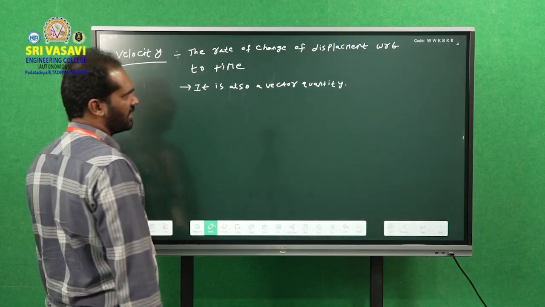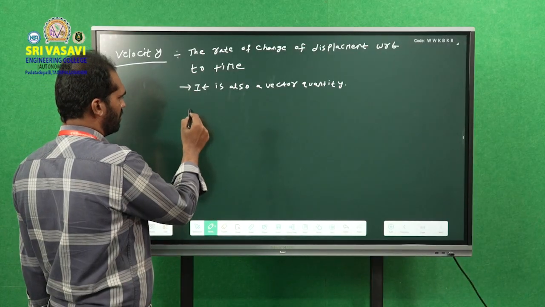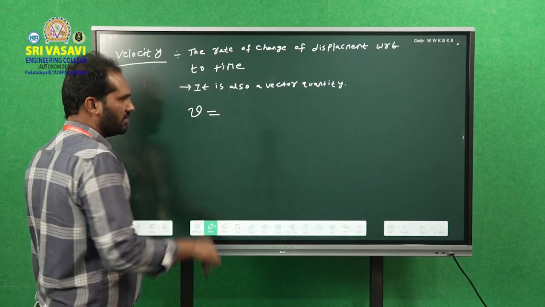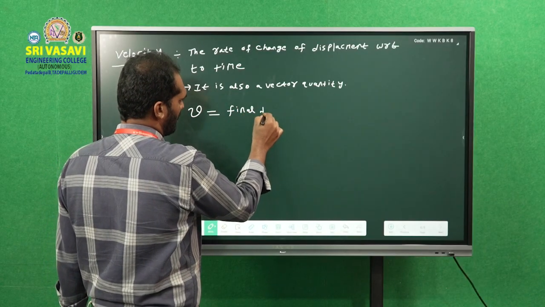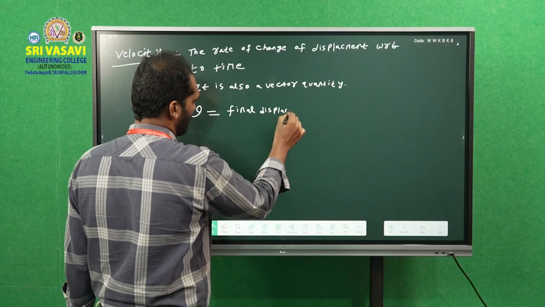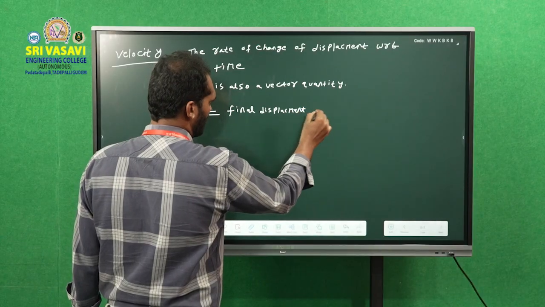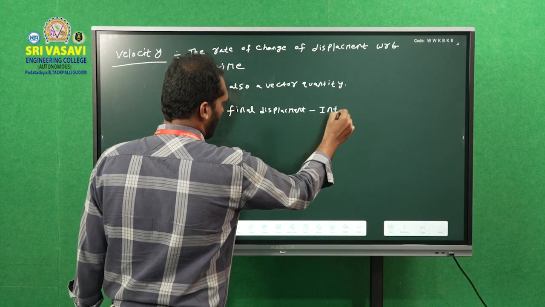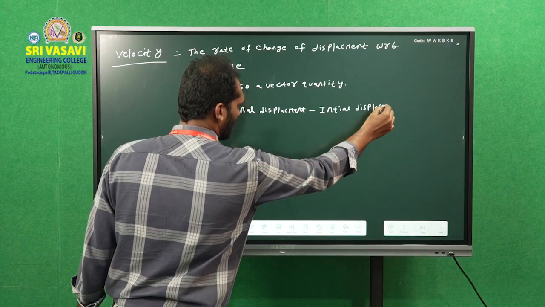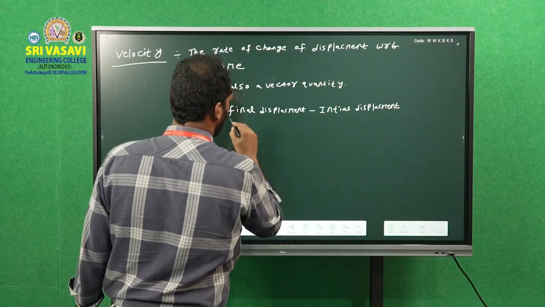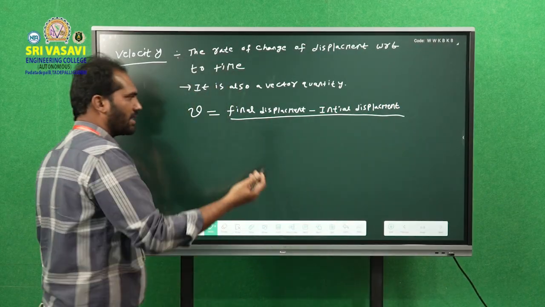Here the rate of change of displacement is denoted by V, which is final displacement minus initial displacement by time.